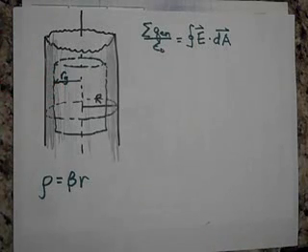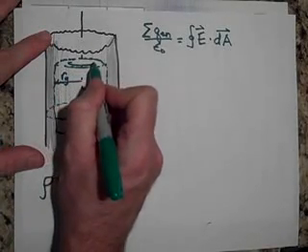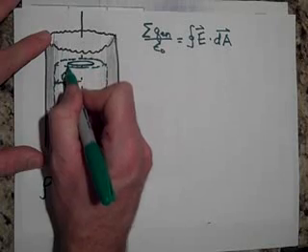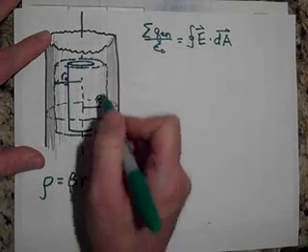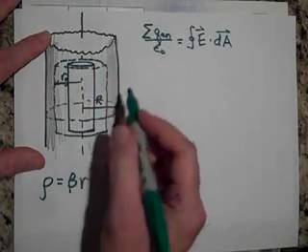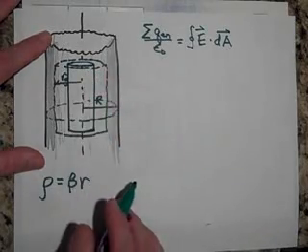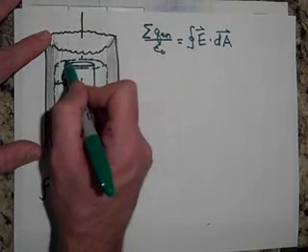Let me draw you one of the cylindrical shells I'm talking about. It's looking like this. It's in here, and it's a shell that has a little bit of thickness. It needs to have a little volume. That's the inside, here's the outside.